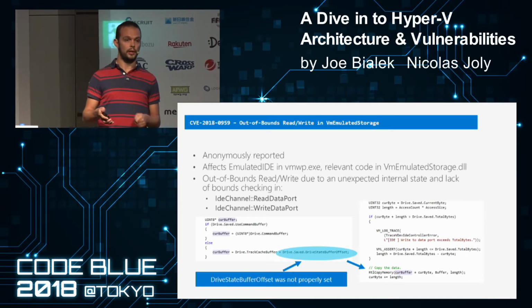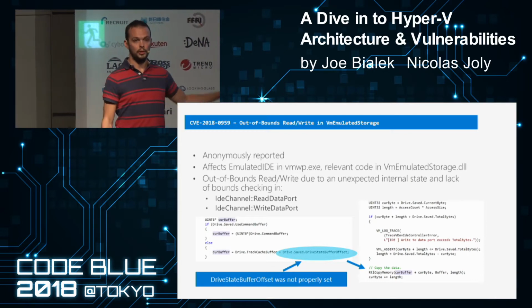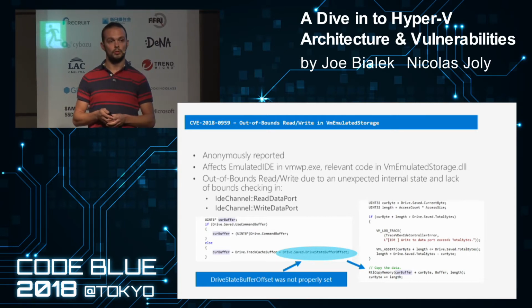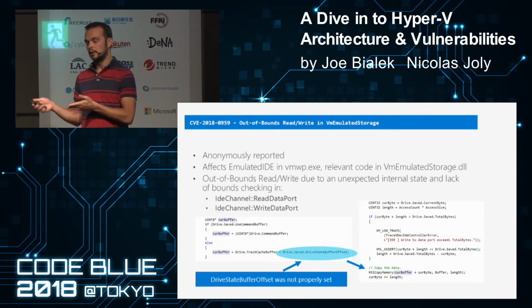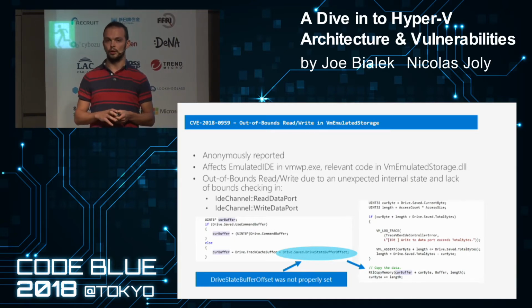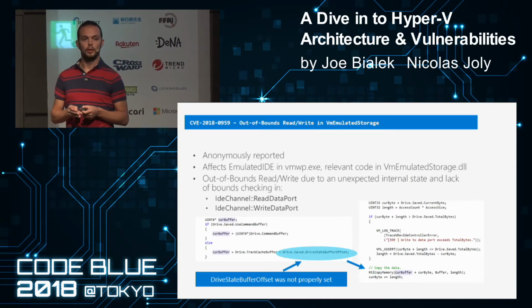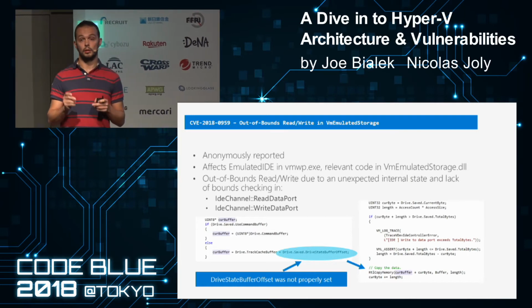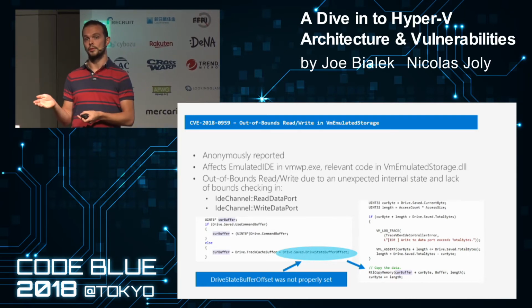If you read or write data to this port, you're going to end up in that function that is read-write data port. So if you look at this function, you'll see that quickly in the beginning, the code is doing a test on the state, on the internal state.